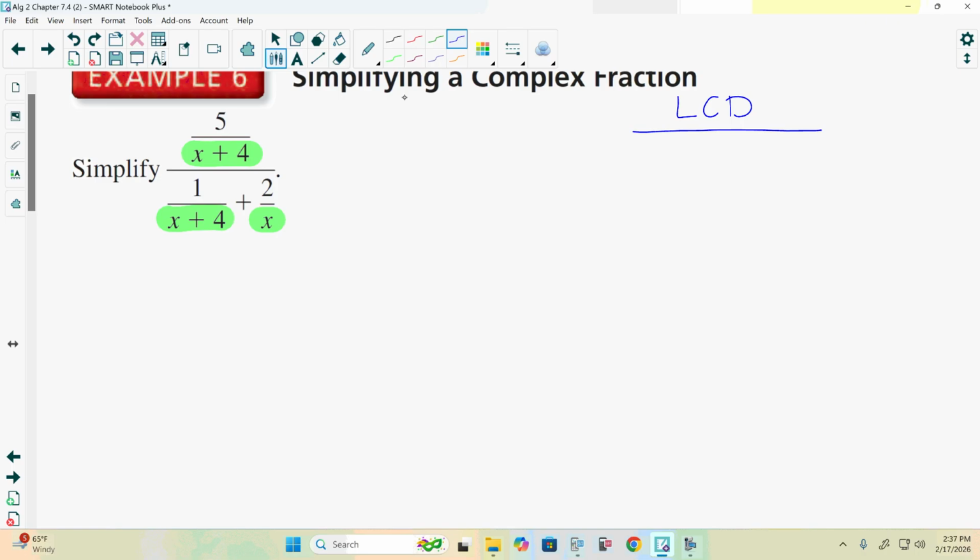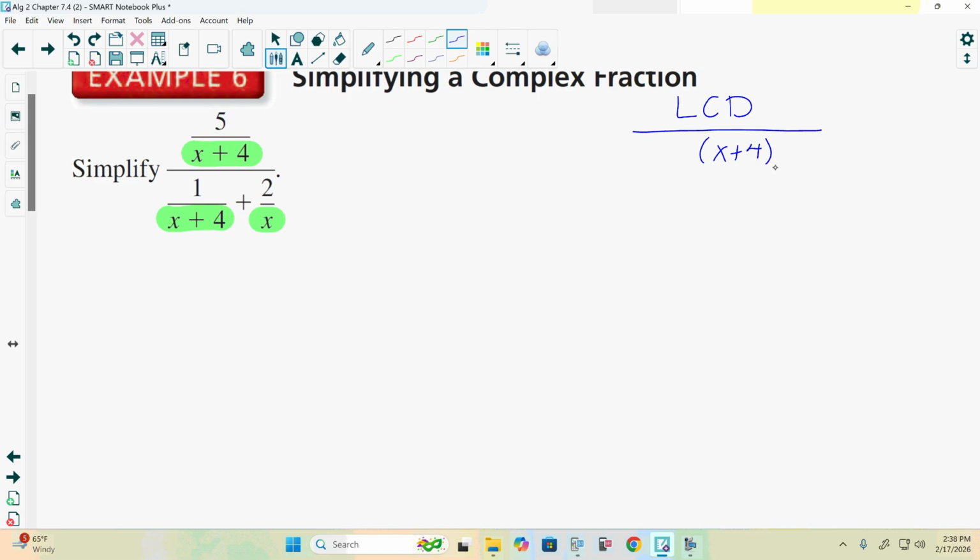So one of the expressions that shows up in one of the denominators at least once is x plus 4, yes? How many times does the x plus 4 show up in each of those spots? Once. So we only need it once. Now it does show up twice, once on top, once on bottom.